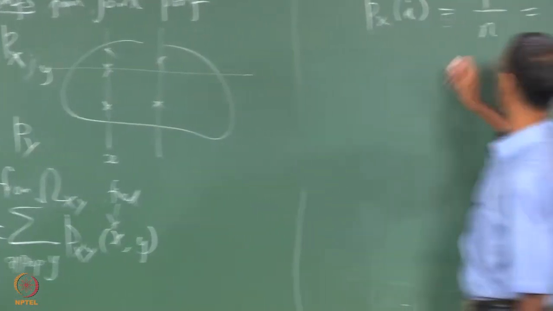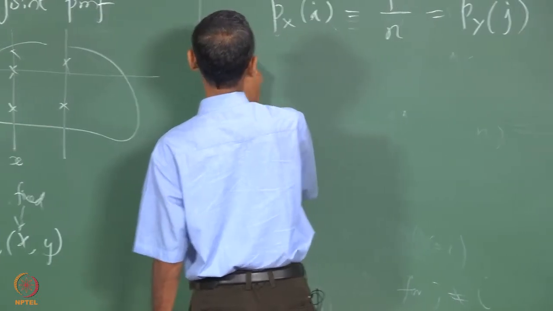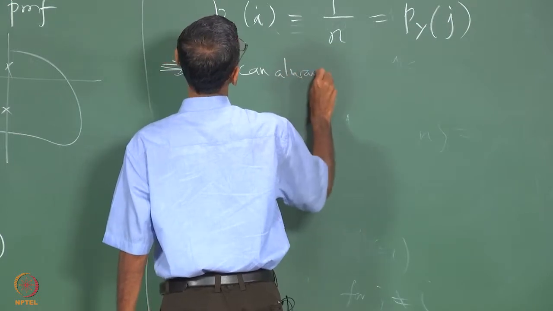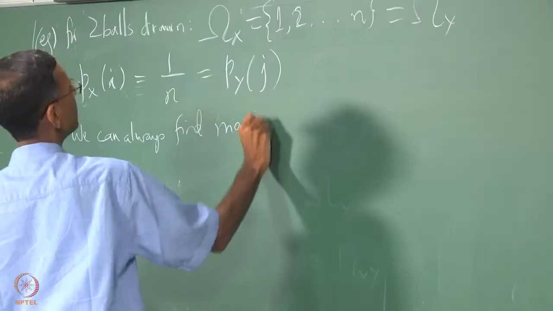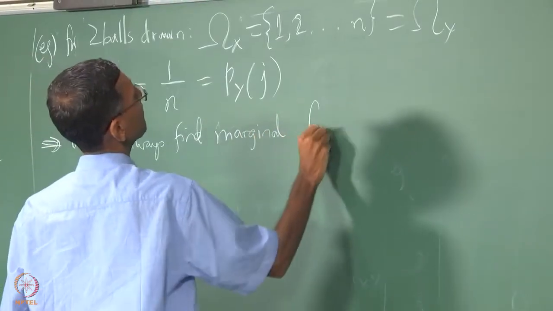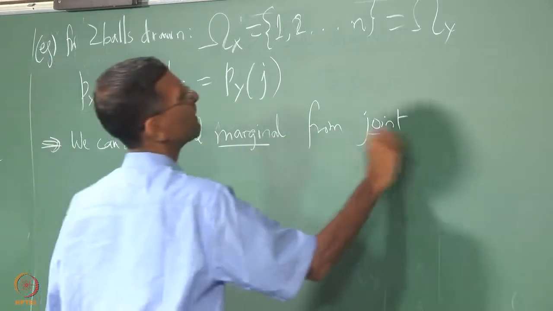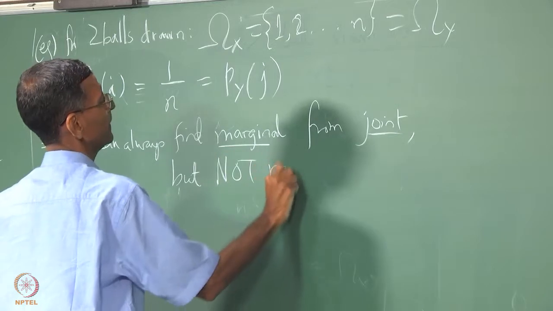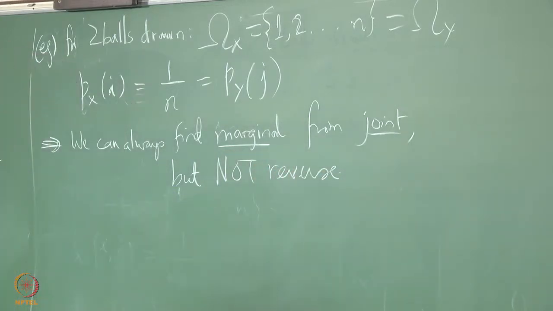The message is that we can always find marginal from joint, but not the reverse. That is, you cannot get the joint from the marginal in general.